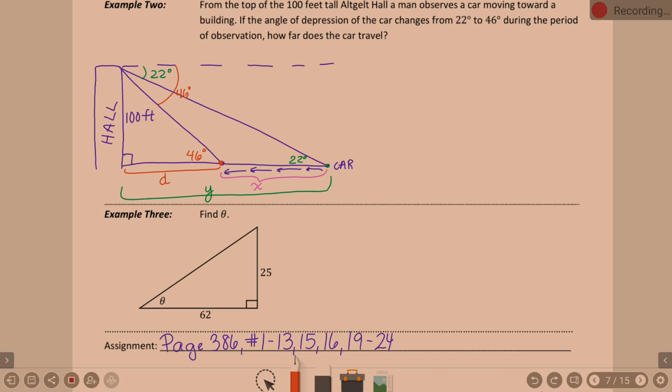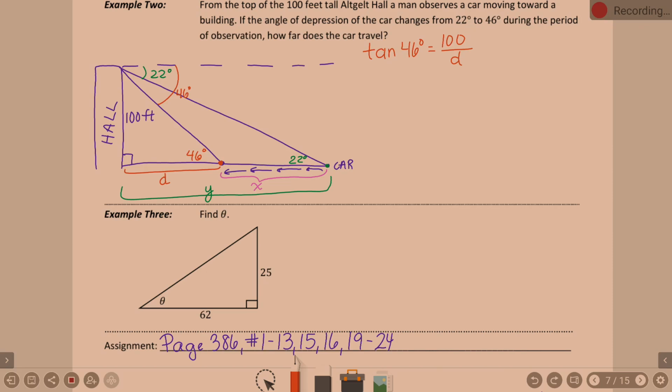If we use the 46-degree angle, what do we know? It is the adjacent, and we know the opposite. Adjacent and opposite are tied together by tangent. So I'm going to say tangent of 46 degrees is opposite over adjacent, 100 over D. Okay?